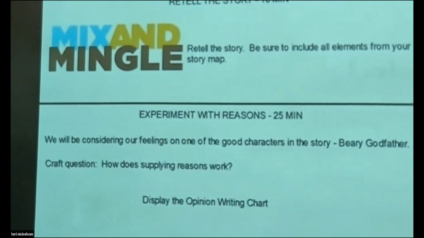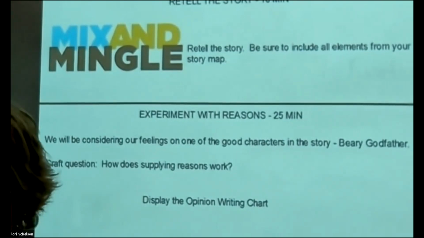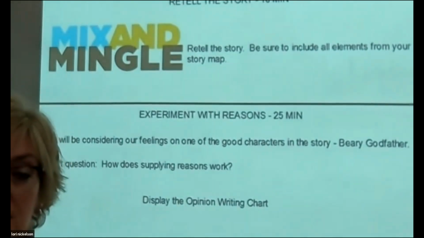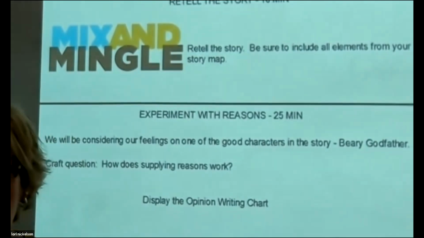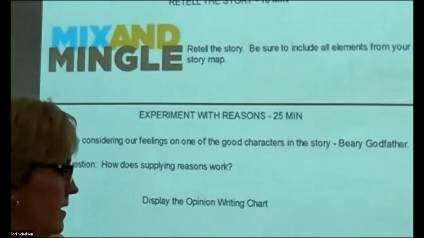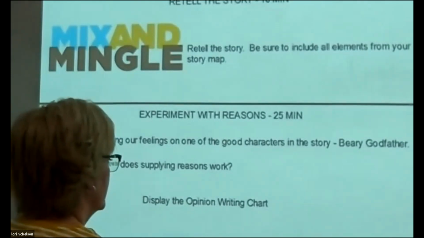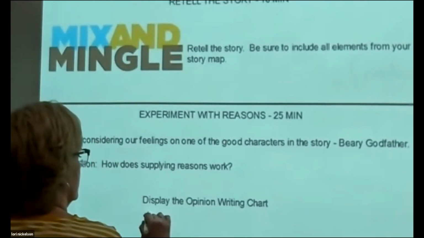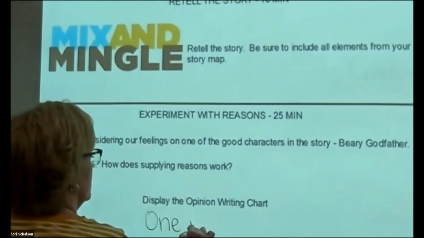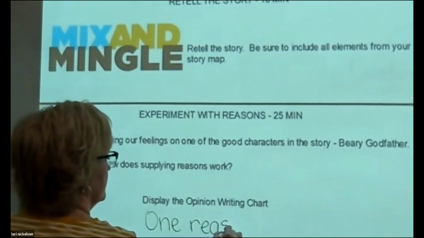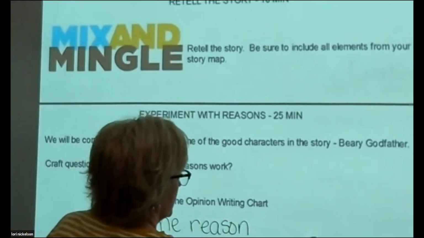So I want you to think about and write a reason to support an opinion statement about the Barry godfather. And you could start that sentence by going one reason blank. So in your journal, I want you to write one reason blank.